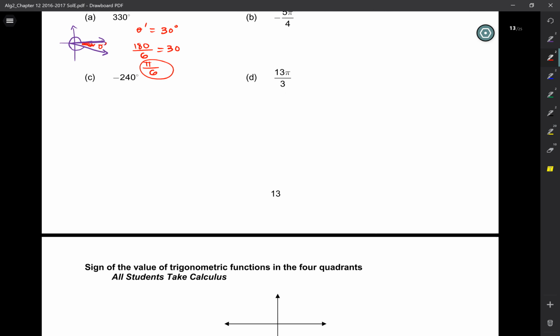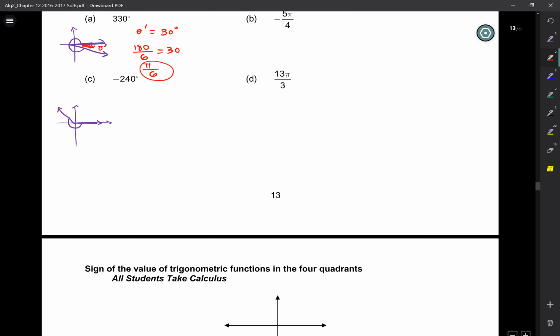Okay, let's do negative 240 now, and then I'll do the other ones. So negative 240, here's the initial side. Negative 240 is about there. Okay, reference angle, is it above or below? That's the reference angle. Okay, so let's see how much the reference angle is.